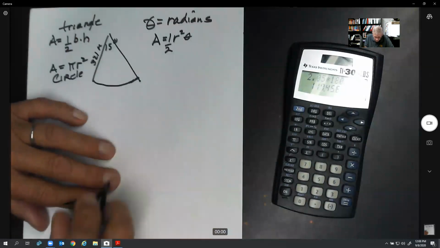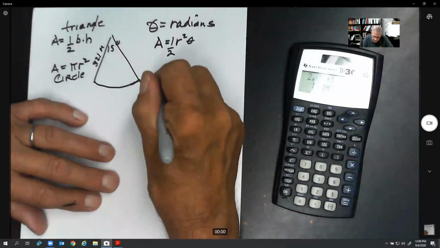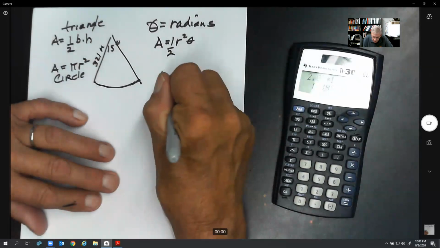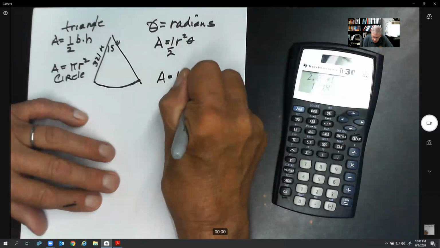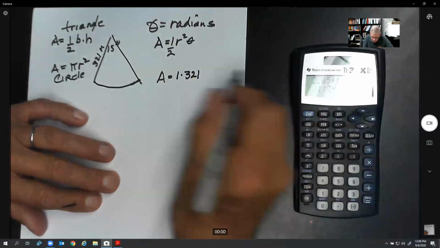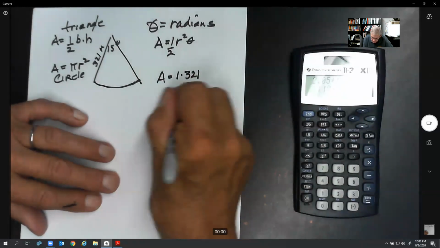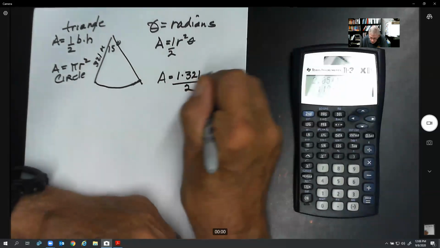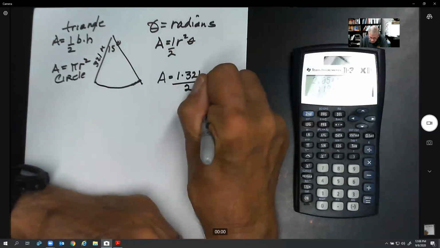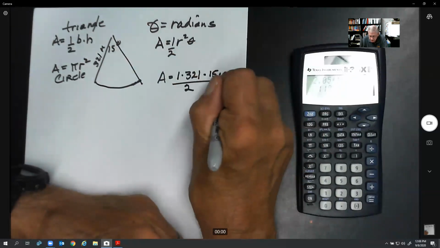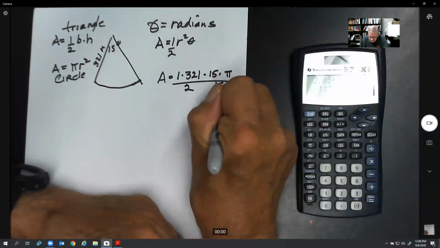Anyhow, the area is 1/2 times 321 times 15 degrees times pi over 180. We could put in the 15 now. Let's just do that.